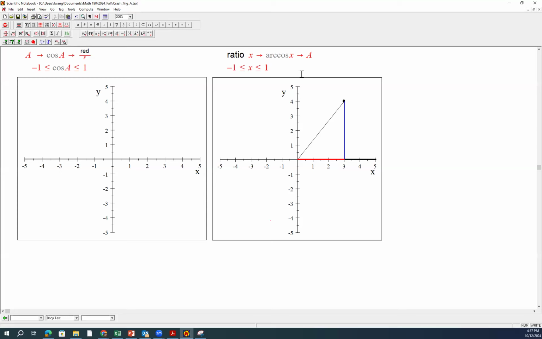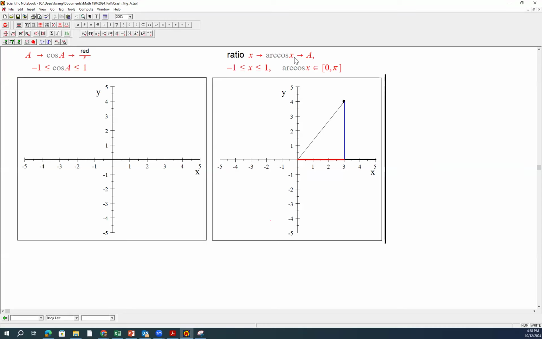So what is the range of arc cosine? The range of arc cosine is the following. Between 0 to pi.